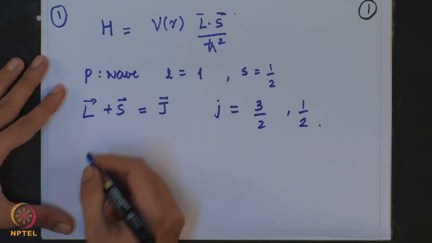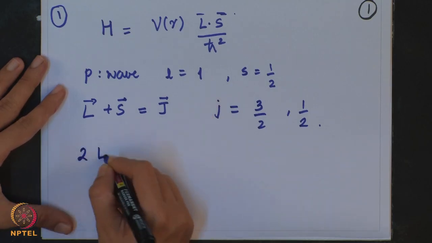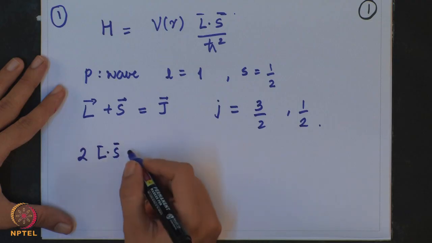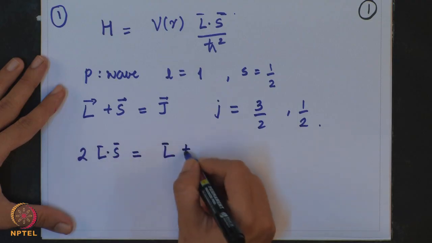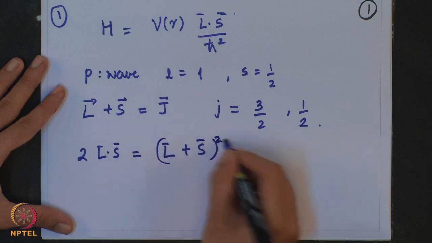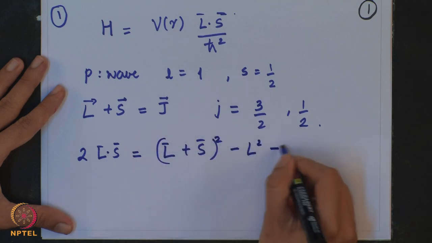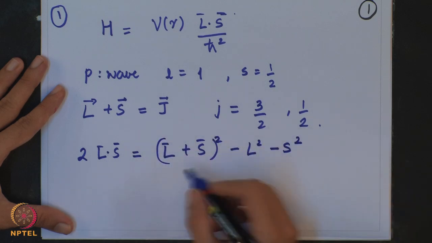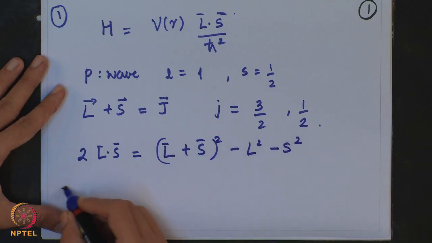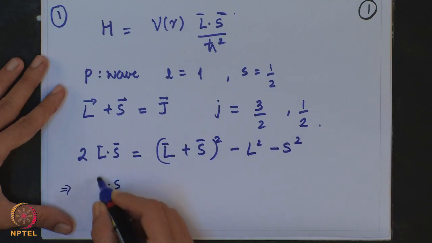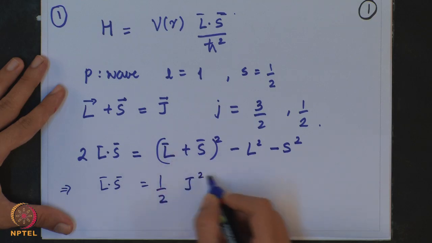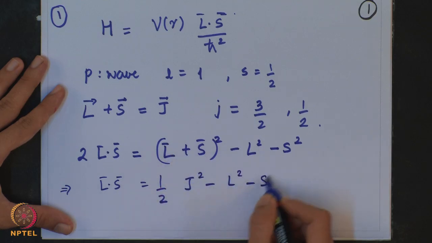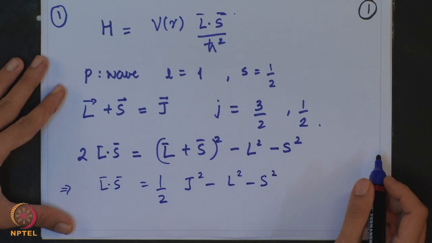So, how we can do that? If I write L dot S, 2 times L dot S is L plus S the whole square minus L square minus S square. I can write like this, correct. So, this would imply that L dot S is half of J square minus L square minus S square, okay.